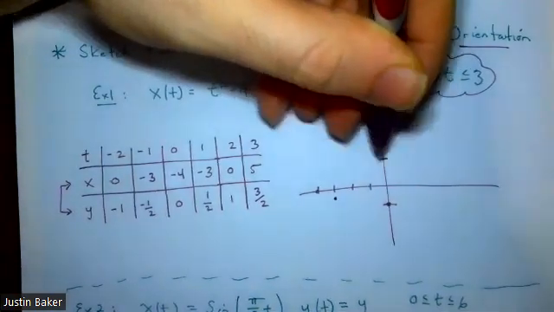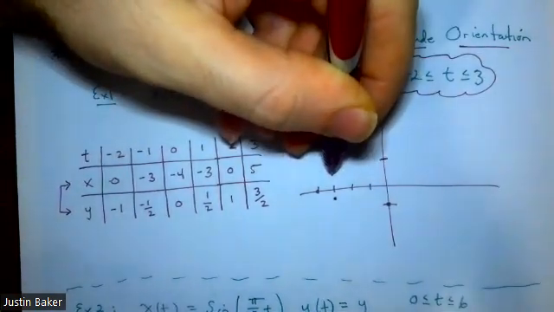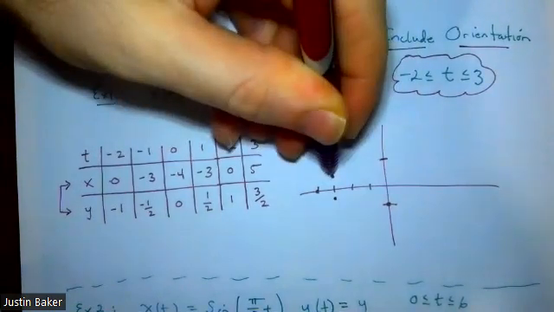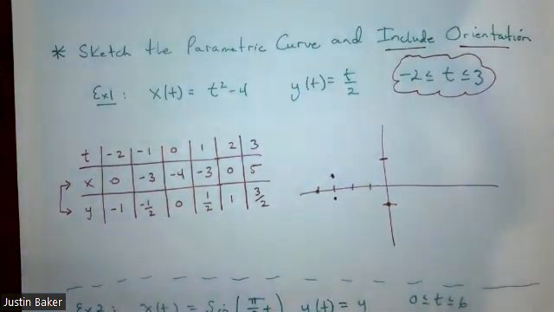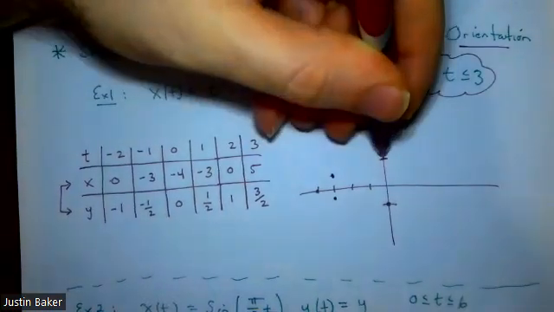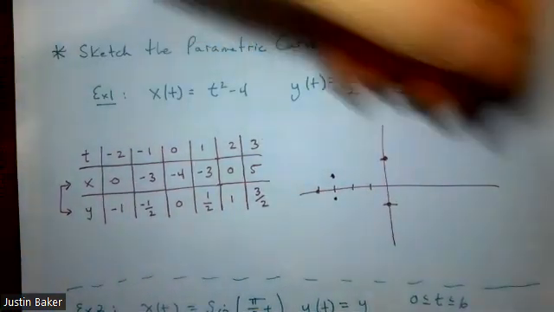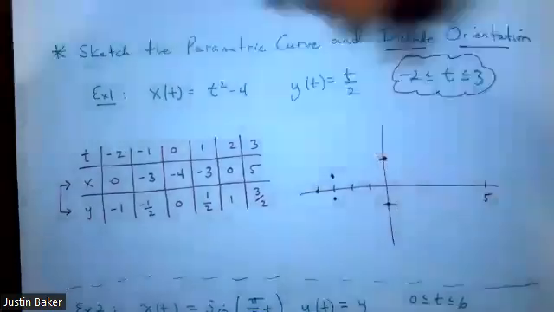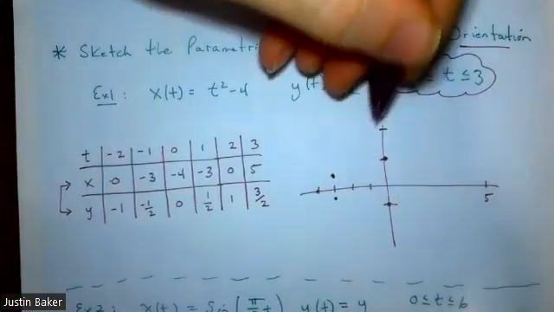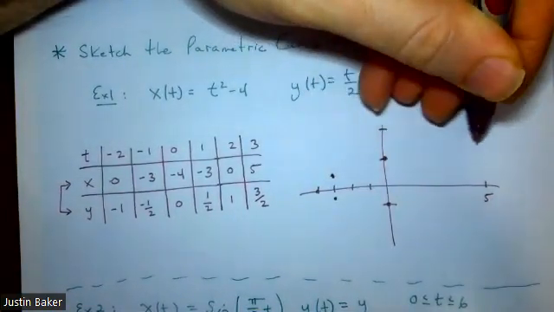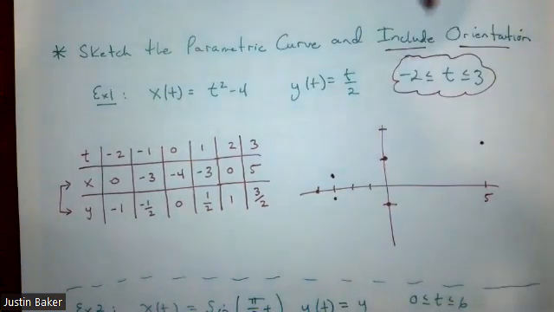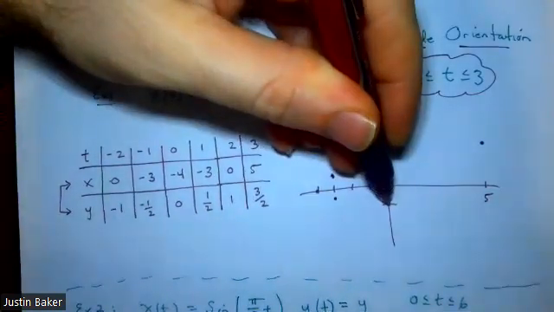We'll call that 1, so that would be about right there. And then what else do we have? 0, 1. And the last one, we'll just throw it out there, is 5, 3/2. If that's 2, we're in the middle. So something like that.